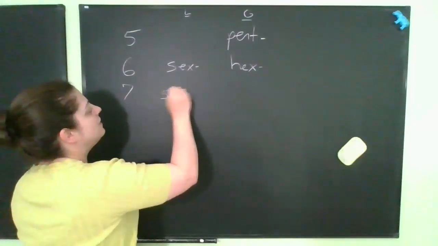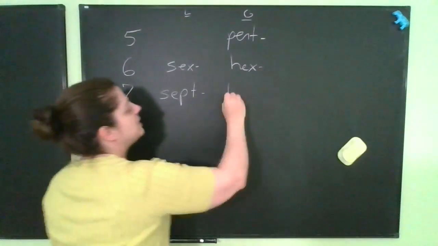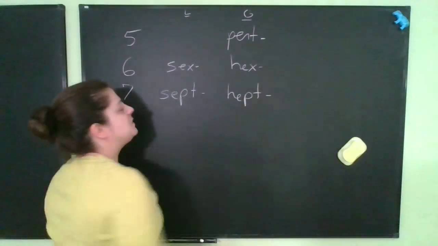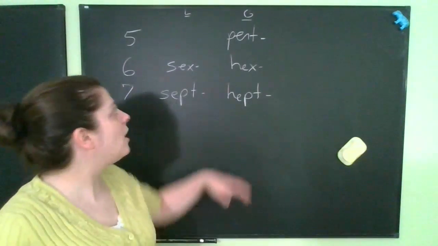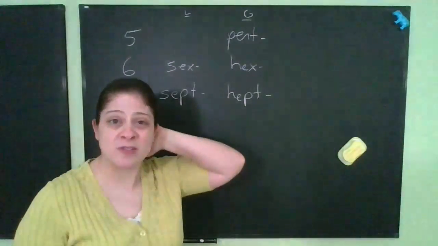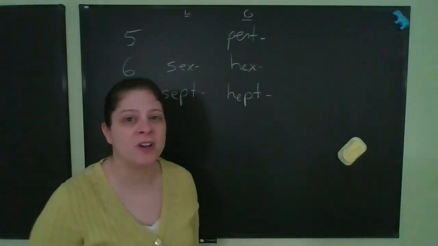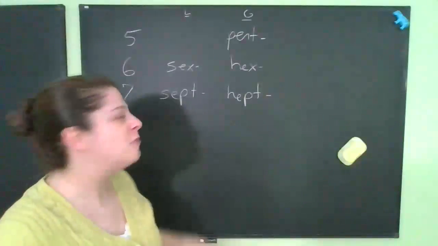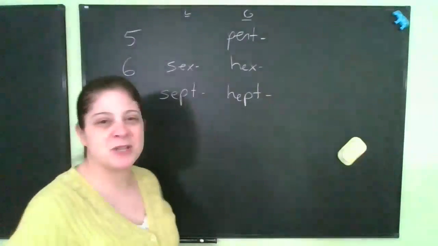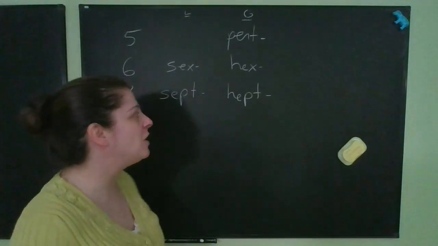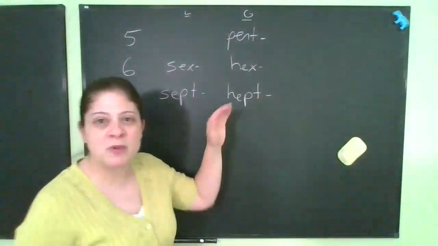For 7, we have Latin sept and Greek hept. For sept, think of a group of 7 as a septet. For hept, the term for a 7-sided shape in geometry is a heptagon. This one is much less common. To be frank, we don't use 7 as a prefix a lot in words, so sept and hept are both not particularly common. I will point out something maybe you've noticed so far.